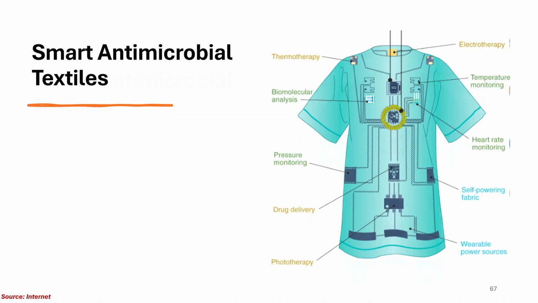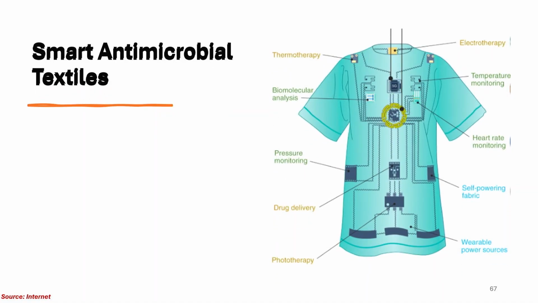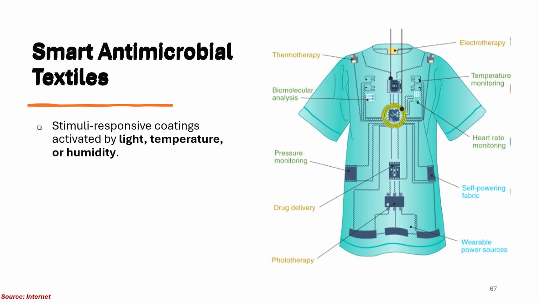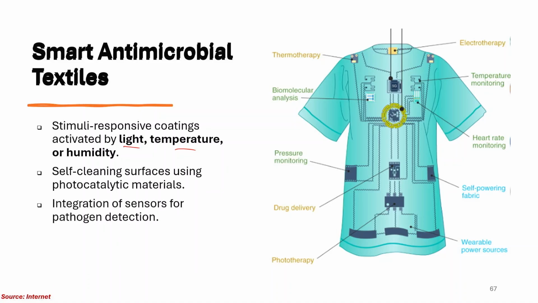Smart antimicrobial textiles are stimuli response coatings, activated by light, temperature and humidity. Then self cleaning surfaces using photocatalytic materials, and integration of sensors for pathogen detection. We can use some sensor which will detect the pathogen.